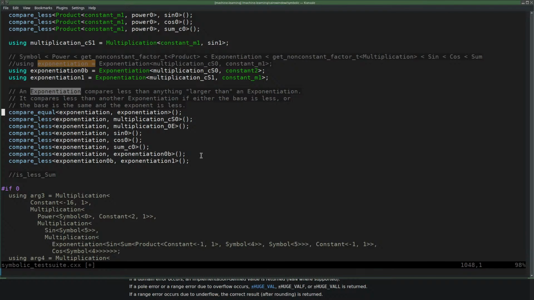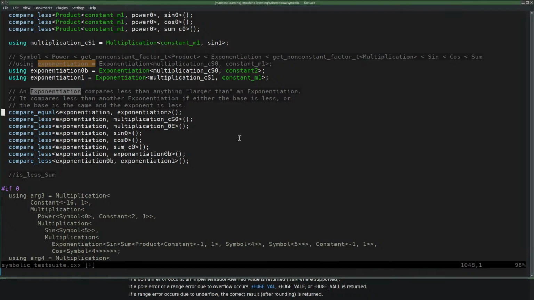But yeah, it's less than any multiplication anyway. Unless it's a multiplication of a constant with something that is not less.